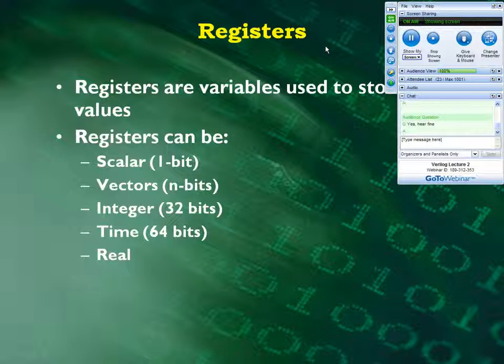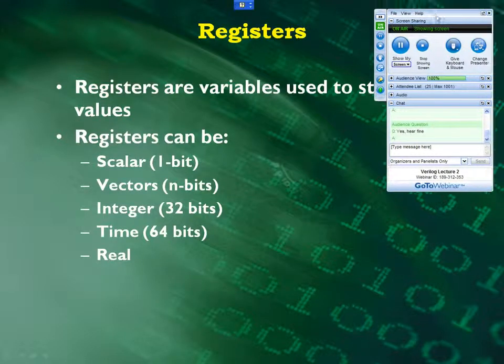The third thing is flow control statements, like if statements, case statements, case Z and case X statements, something new and a little different than software's case statements. The fourth item will be loop statements: forever loops, repeat, while, and for statements. Then we'll talk about subprograms, which are functions and tasks.